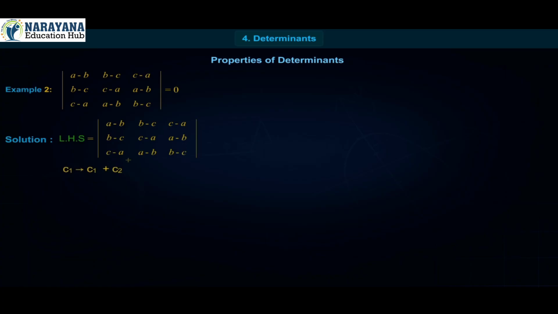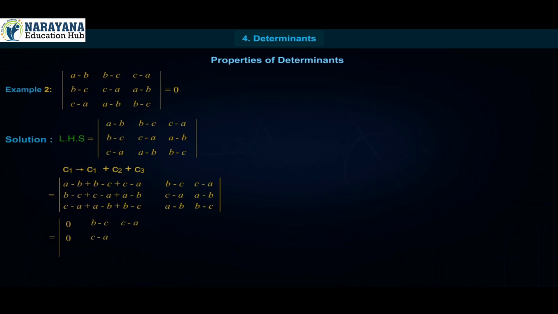C1 goes to C1 plus C2 plus C3, is equal to determinant [A minus B plus B minus C plus C minus A, B minus C, C minus A; B minus C plus C minus A plus A minus B, C minus A, A minus B; C minus A plus A minus B plus B minus C, A minus B, B minus C] is equal to determinant [0, B minus C, C minus A; 0, C minus A, A minus B; 0, A minus B, B minus C].